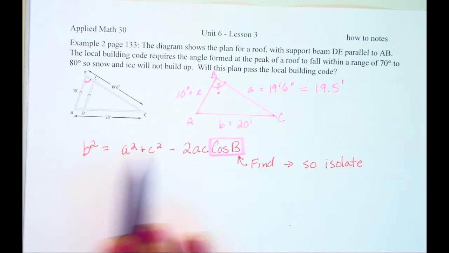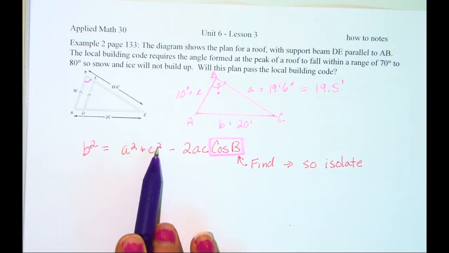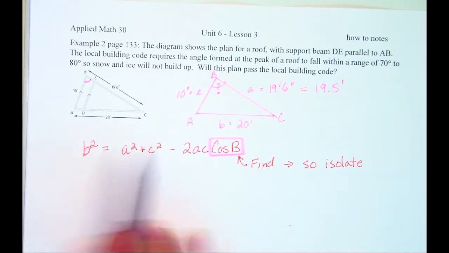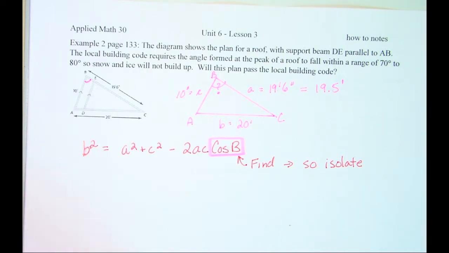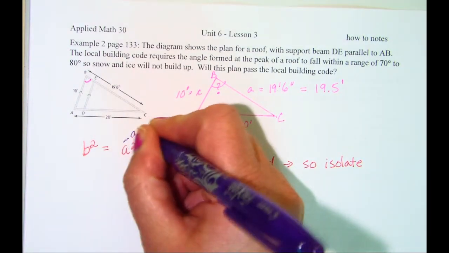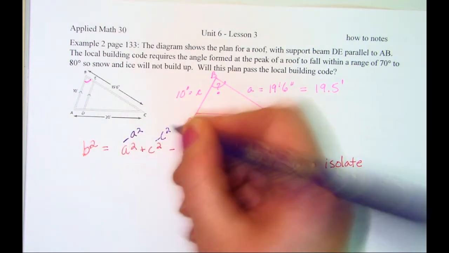Yeah. So we're going to subtract a squared and subtract c squared so they can move from here, and then do the same over here. Does it matter about the squared? No, you take the square with it. So minus a squared minus c squared, the same here.